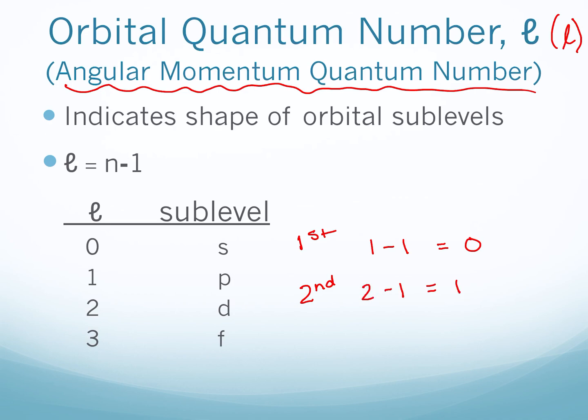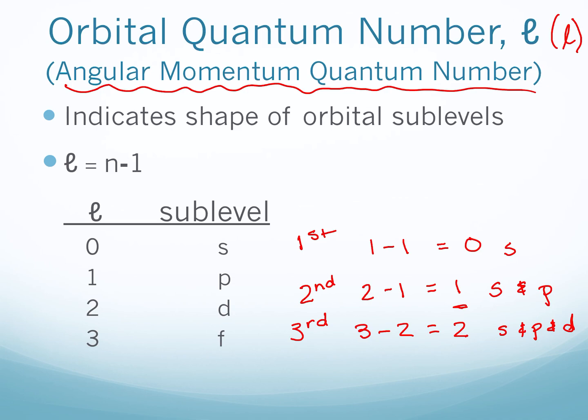That gets us 1, which means that you can have S and P. So you can have whatever this comes out to and the stuff below it, whereas the first energy level can only have S. Third energy level, 3 minus 1, that gets us 2. So that means we can have S and P and D now. So you can have whatever that L comes out to be and anything below that, any lower numbers. So that's how we're figuring out the angular momentum quantum number.